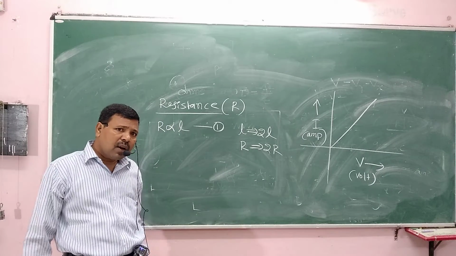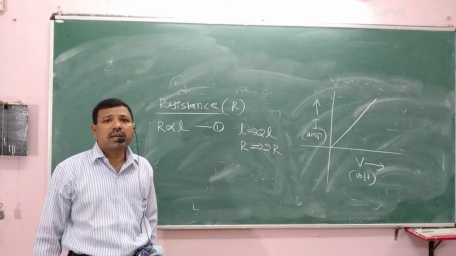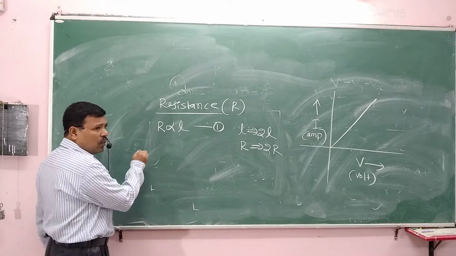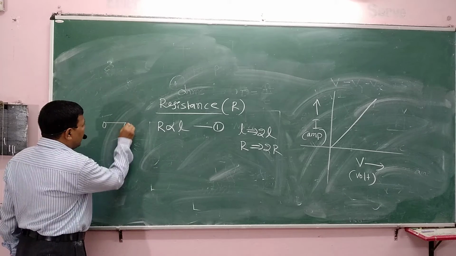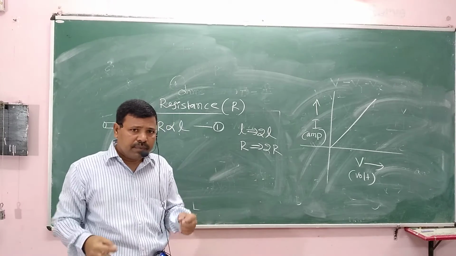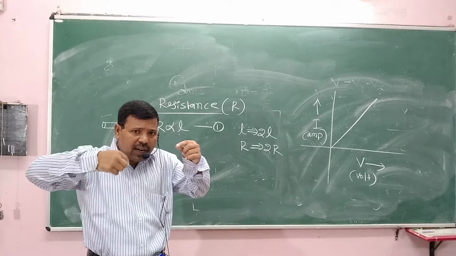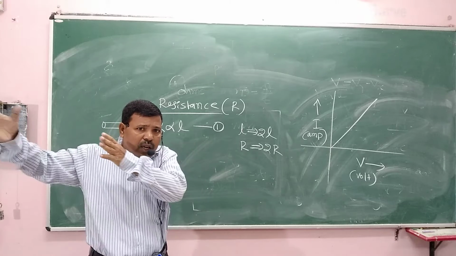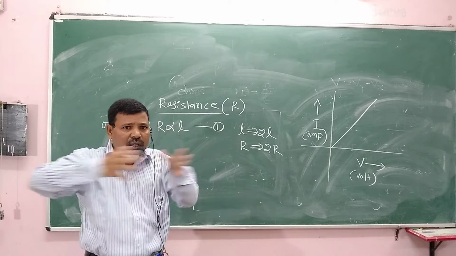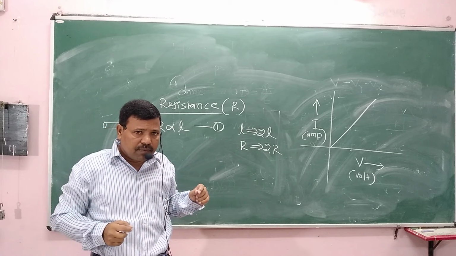The second factor on which the resistance depends is cross-sectional area. How? As we learned in the beginning of the class, if the cross-sectional area is larger, there will be more flow of charges through it and more flow of electricity.